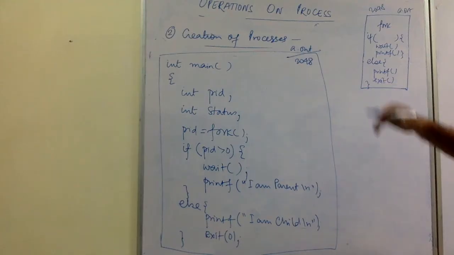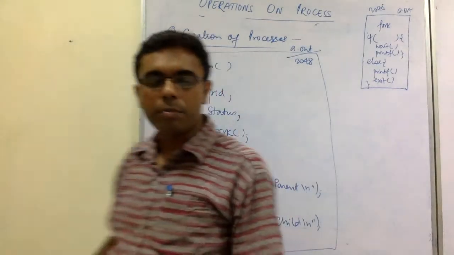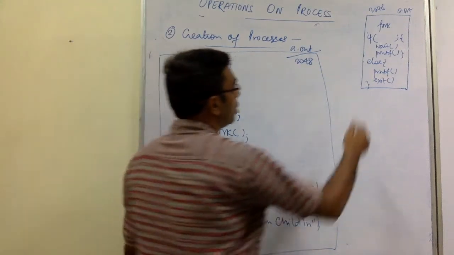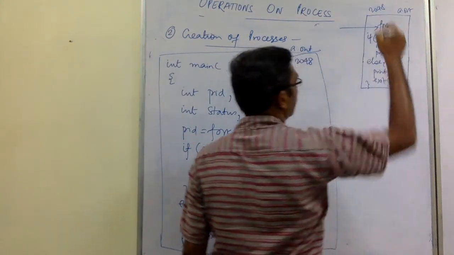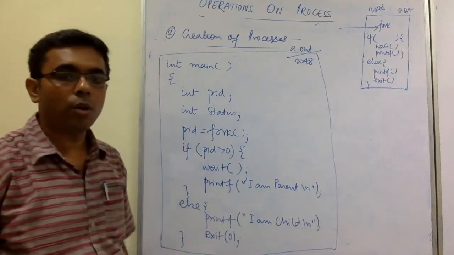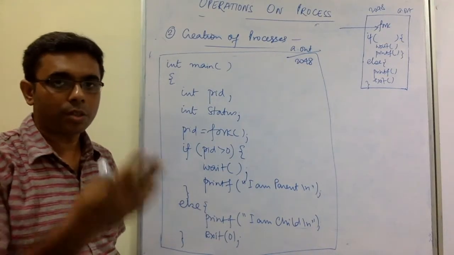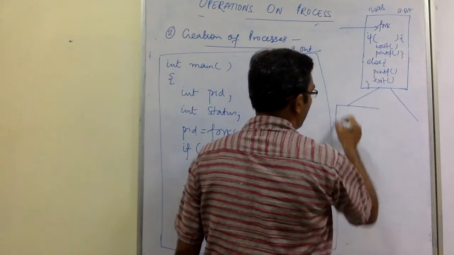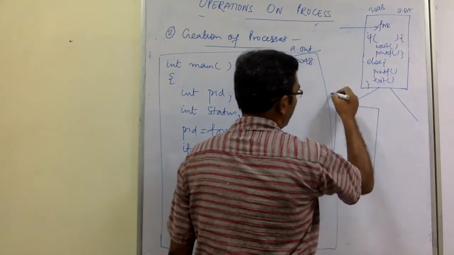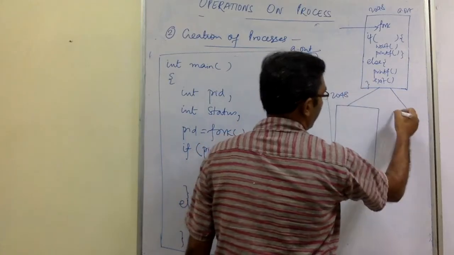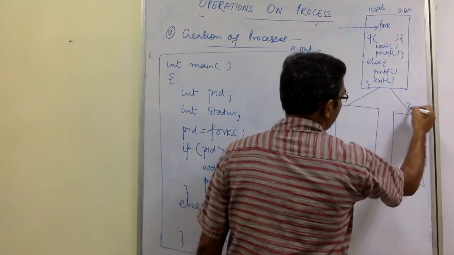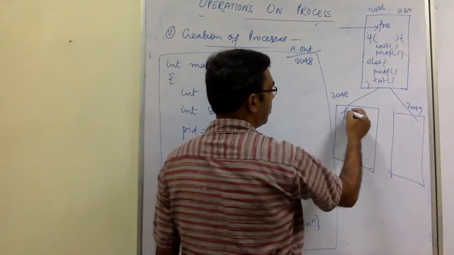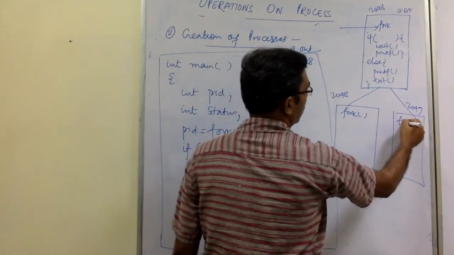As we have seen in the other two programs, the execution starts and we hit upon the system call fork. So the process creates a child process. Now two processes get created: process 2048 and process 2049, and both of them get the same code.